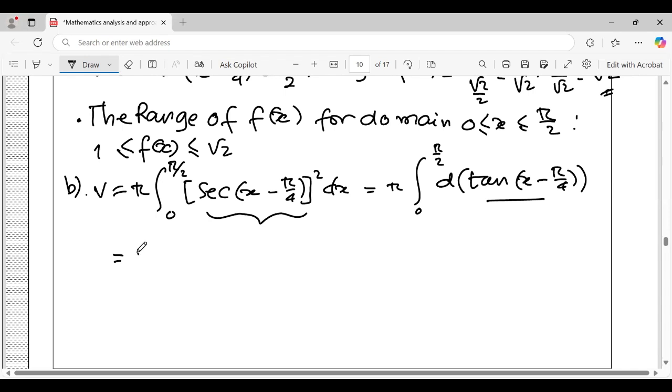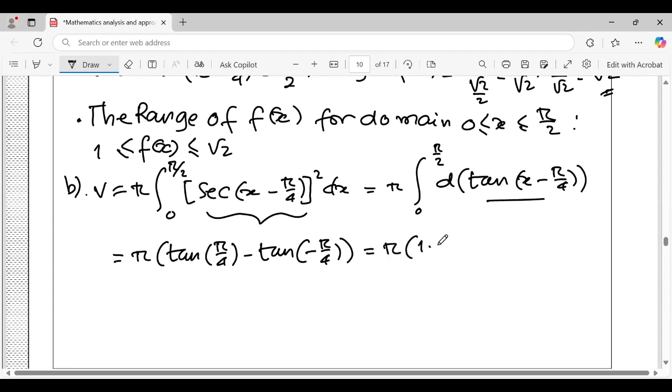If we substitute, it's going to be pi times tangent of (pi/2 minus pi/4), which is pi/4, minus, if this is 0, tangent of (minus pi/4). So it's going to be pi times (1 minus (minus 1)). This is 2, so the volume is equal to 2 pi.